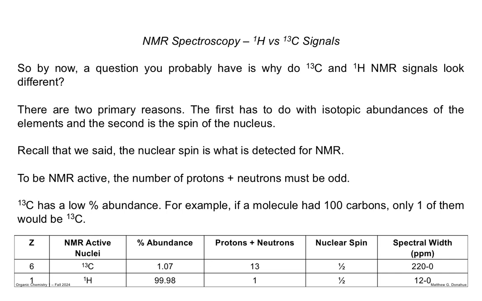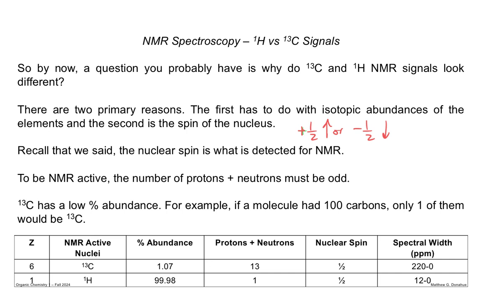So the reason that the spectra are different, as we saw with mass spectrometry, has to deal with the isotope abundances of those nuclei. The other thing that's important is spin, and I'll just briefly comment on that. For this class, we either have a spin of +1/2 or -1/2.